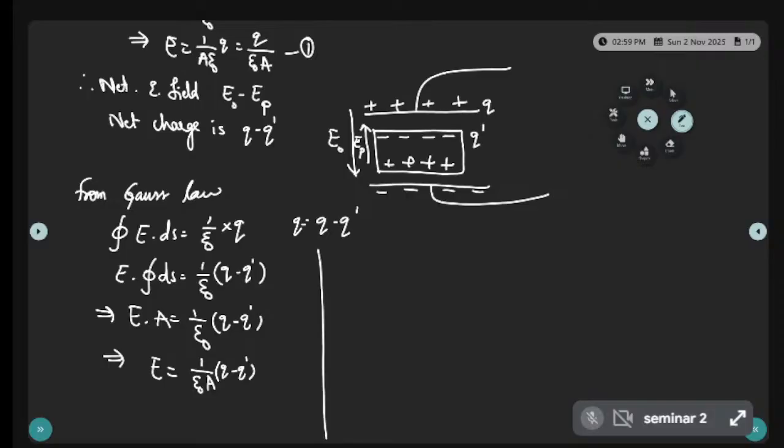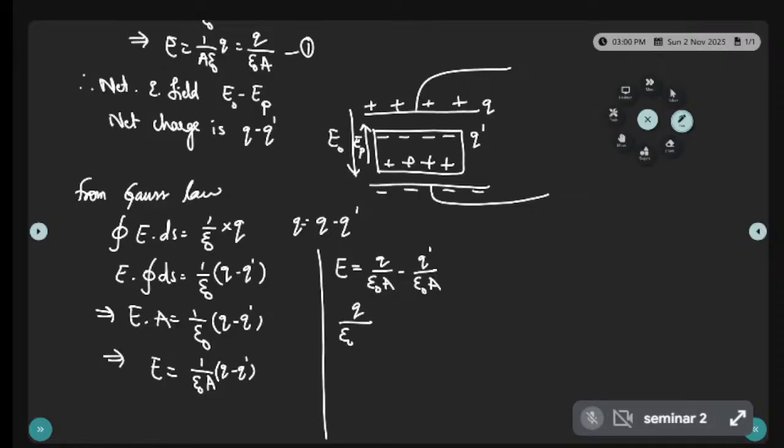Further simplifying, E is equal to Q by epsilon naught A minus Q prime by epsilon naught A. If you bring this side, what will come, tell me?